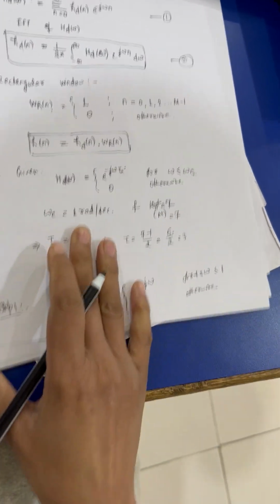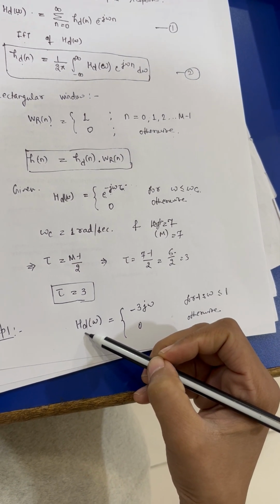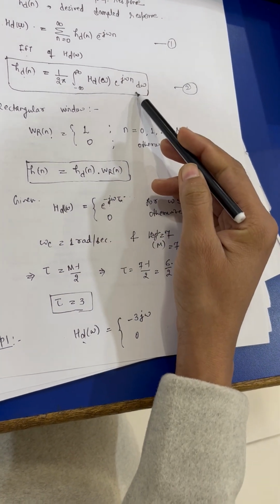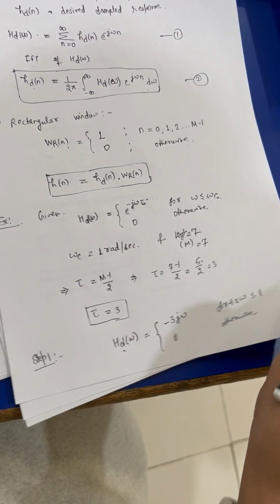Let's proceed. What will we do next? We take the inverse Fourier transform of H_d(ω) given by this equation, and we get the desired sample response.